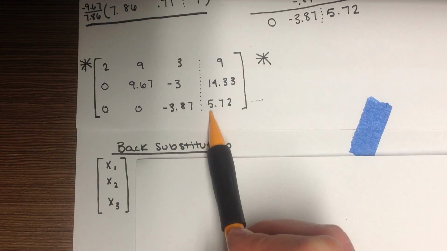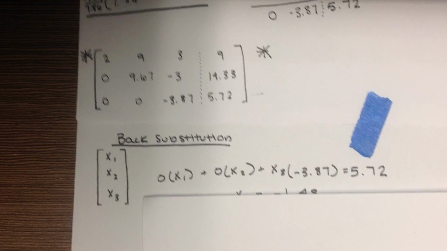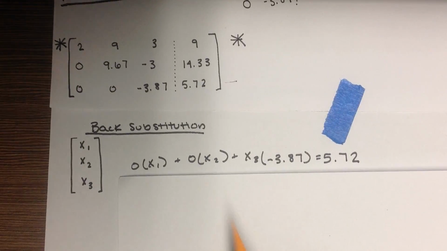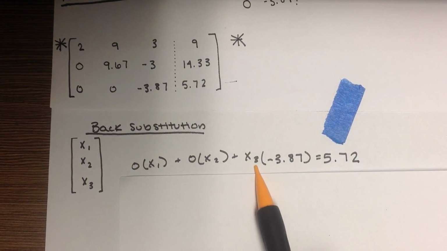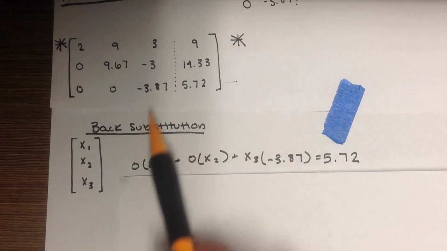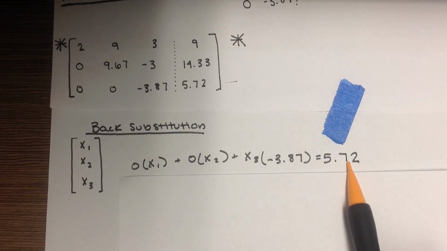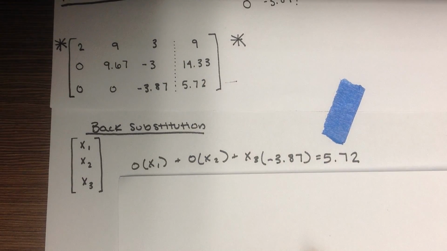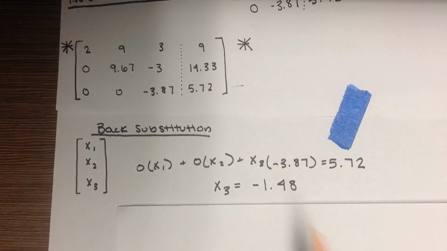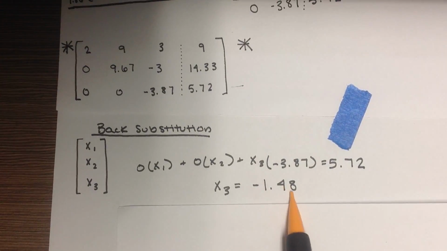We're going to do that for the last row first, and as you see, since there are two zeros, we can easily have x3 times negative 3.87 equals 5.72. With that, we solve for x3, and that's negative 1.48.